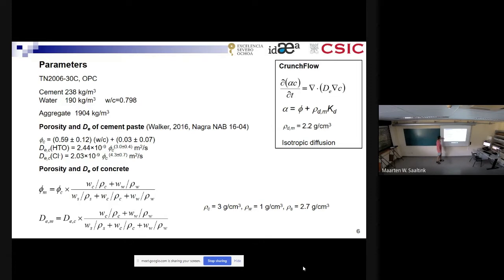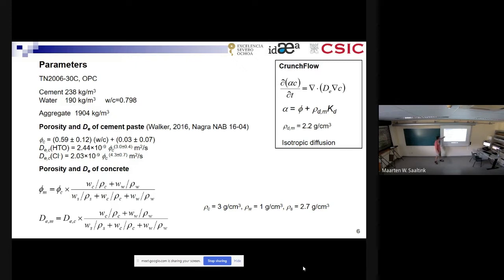From this water cement ratio, there's a study by Colin Walker, 2016, who looked at the literature, many studies, linking the water cement ratio for Portland cements to measured porosities and measured diffusion coefficients in the laboratory for tritium and fluoride, and came up with this relationship.